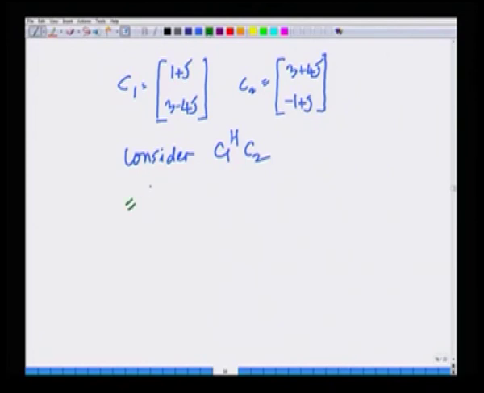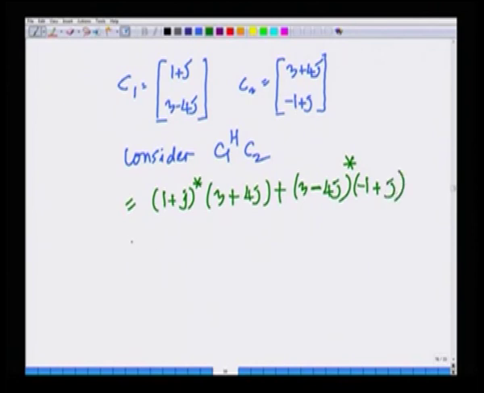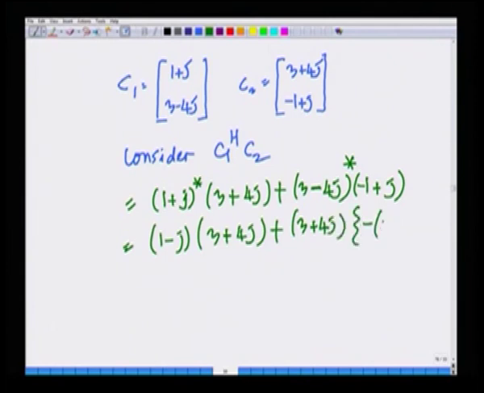If I consider C 1 Hermitian C 2, that is nothing but 1 plus j conjugate into 3 plus 4 j plus 3 minus 4 j conjugate into minus 1 plus j, which is 1 minus j into 3 plus 4 j plus 3 plus 4 j into minus of 1 minus j.